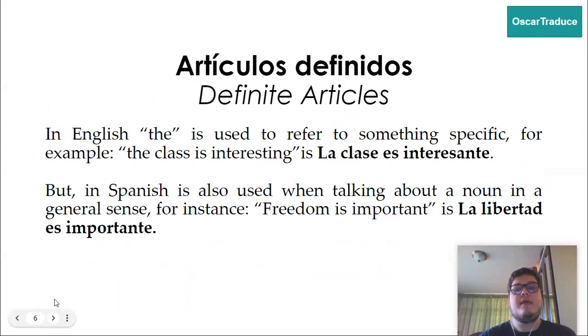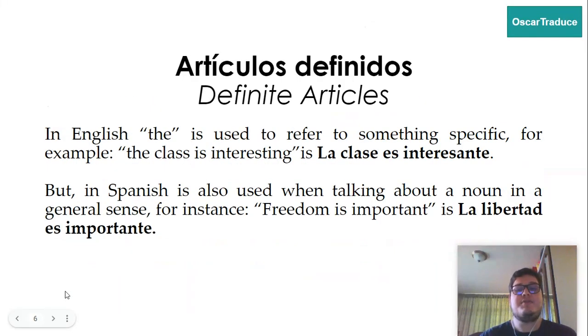And then we have that in English, "the" is used to refer to something specific. For example, the class is interesting. We say in Spanish, la clase es interesante. But in Spanish it is also used when talking about a noun in a general sense. For instance, freedom is important. That means la libertad es importante.